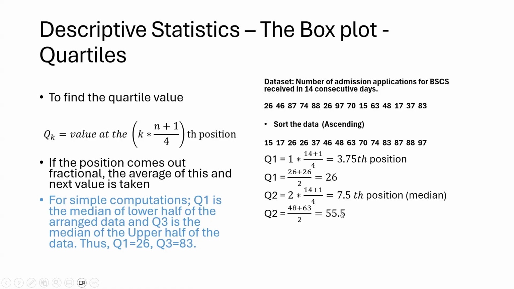When we took their average, we got 55.5 as Q2. And for Q3, the position is 11.25th, which means the 11th and the 12th positions. So here we have 8th, 9th, 10th, 11th, and 12th. It's going to be the average of 83 and 87, and we get 85. So this is how we can calculate Q1, Q2, and Q3.